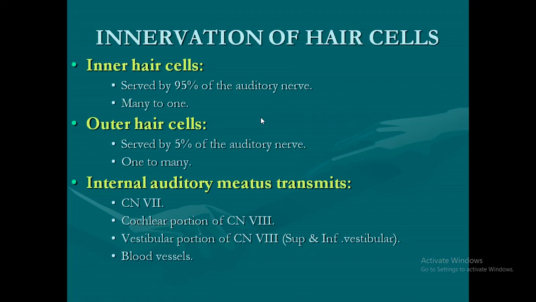Outer hair cells are approximately 12,000 in number, but inner hair cells are approximately 3 to 4,000. The nerve supply of the outer hair cells is primarily efferent fibers, and there are very few afferent fibers. But inner hair cells are primarily innervated by afferent fibers, and there are very few efferent fibers.